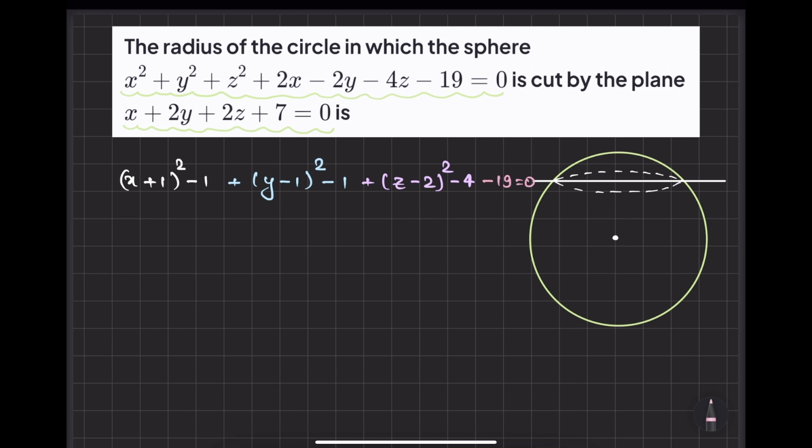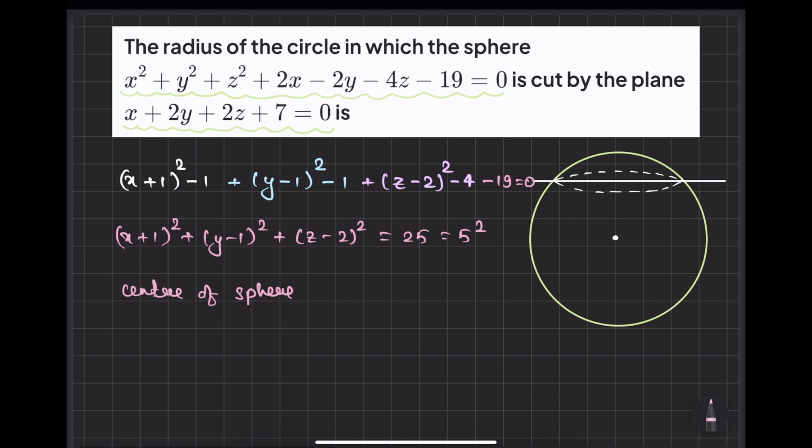Let's write these things in standard form. So it is x plus 1 whole square, y minus 1 whole square, z minus 2 whole square equals 25, which is 5 square. Comfortable? So we got the center of the sphere as minus 1, 1 and 2. So this is your center of the sphere.